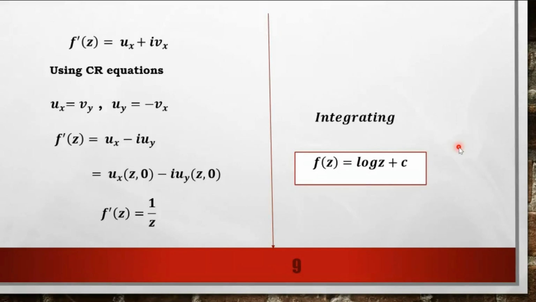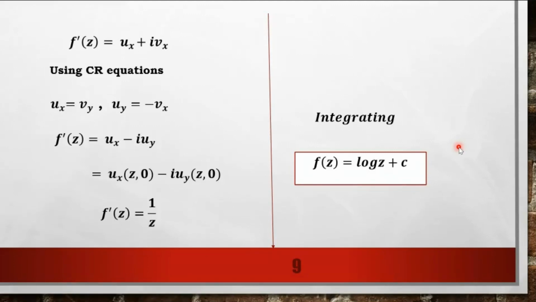I don't know whether you remember log of a complex number. याद है? किया था हमने फर्स्ट सेमेस्टर में. So when we use log of x plus iy, the formula was half log x square plus y square plus i into tan inverse of y by x. So this was the formula for log of x plus iy, half log x square plus y square plus i theta, or log r plus i theta.